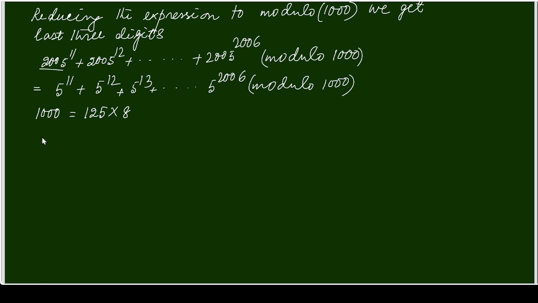So first, taking modulo 125, I write this: 5 to the 11 plus 5 to the 12 plus 5 to the 13 up to 5 to the 2006 modulo 125.